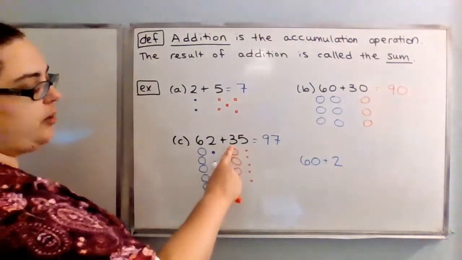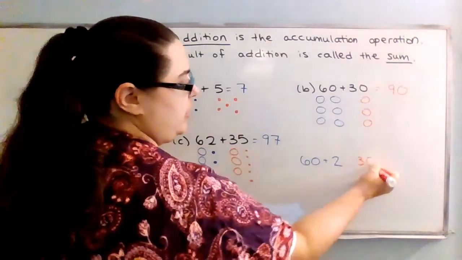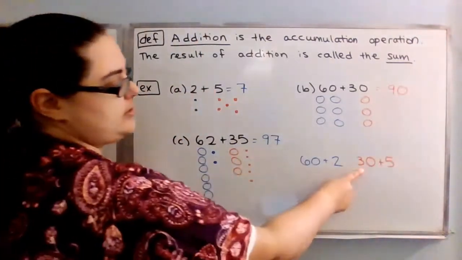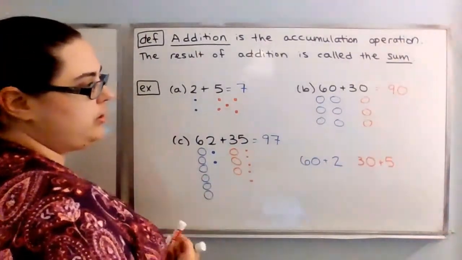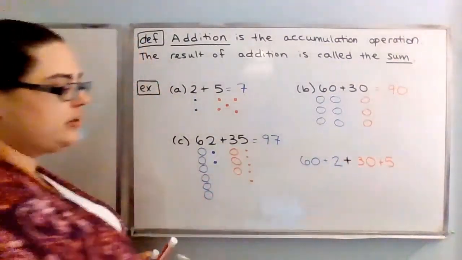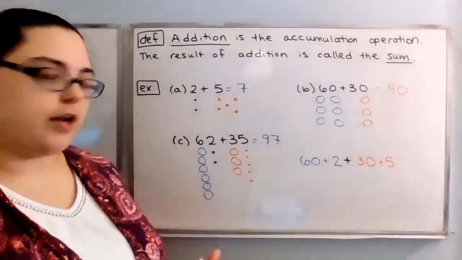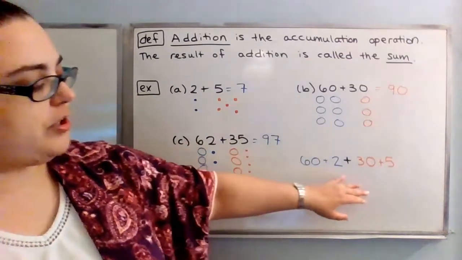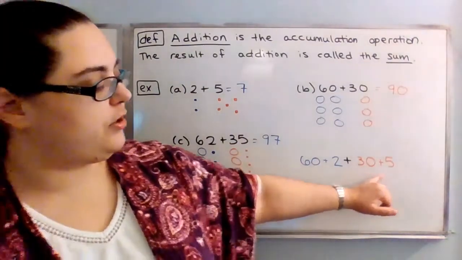Then when we're splitting up 35, we're thinking of that as 30 plus 5. So we have 3 tens and 5 ones. And our goal is to add these things together. That's what we're first doing when we're drawing this picture. When I drew 62 in this manner, I split it up into 60 plus 2. And when I did 35, I split it up into 30 plus 5.